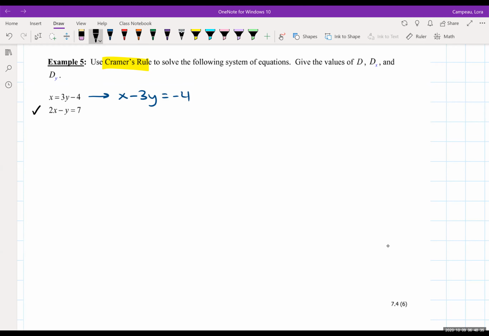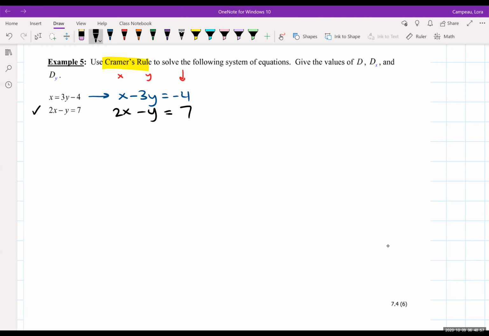And then just for purposes of visual, I will write the second equation below it. So just make sure your x terms line up, your y terms line up, and then your constants at the far right.